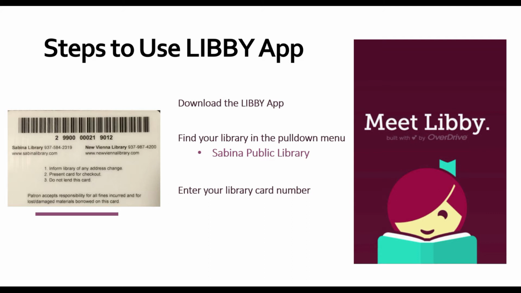Now, this is the number that you would find on the back of your library card just below the barcode. If you are still using one of our old paper blue cards, you're going to want to look for the barcode sticker and use the number that comes just below the barcode.